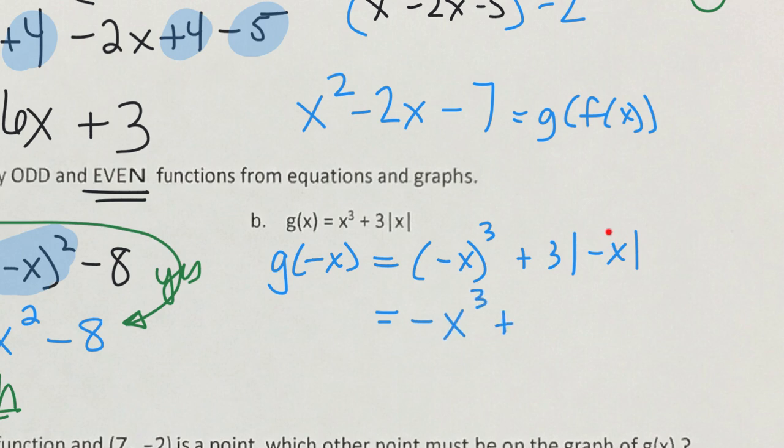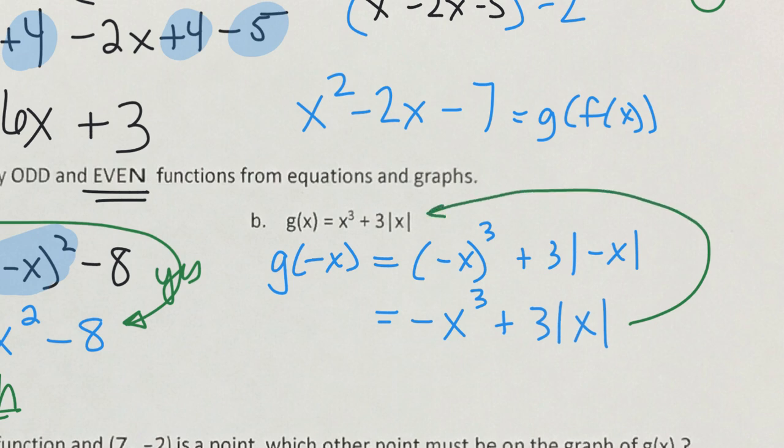And if you take the absolute value of a negative, that's the same as the positive. So we compare. Are these the same things? No, they're not. This has a negative in front of the x cubed, and that one does not. So it's not going to be even. This tells us that it's not an even function.